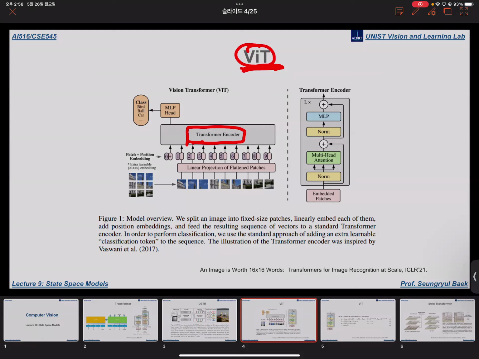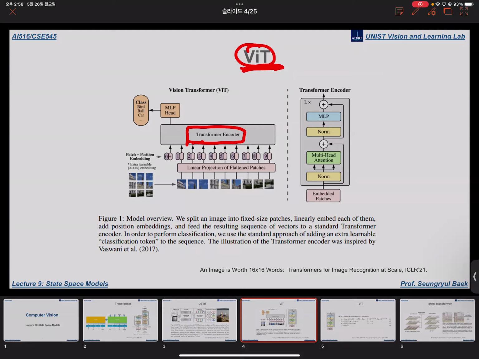DETR has both encoder and decoder, and each operation is a little bit far from the transformers applied in the text domain. Actually, it loses some of the sequential information, especially for queries. But because ViT is not using a decoder, it is simpler compared to DETR, and it can be trivially applied to the image domain by just changing some of the input format.